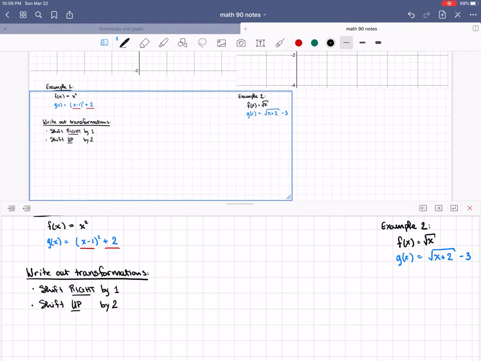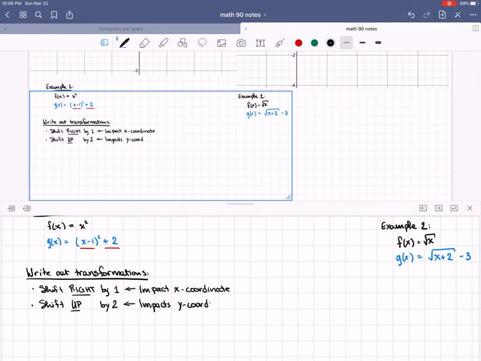The other thing I hope you remember is that these transformations impact every single point on the graph of the original function. Shifting right impacts the x-coordinate, and shifting up impacts the y-coordinate.